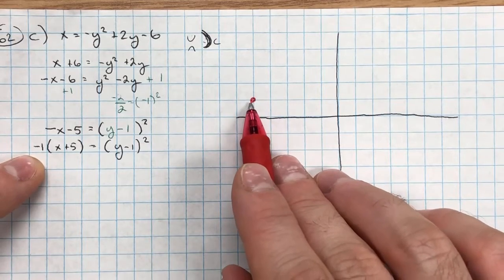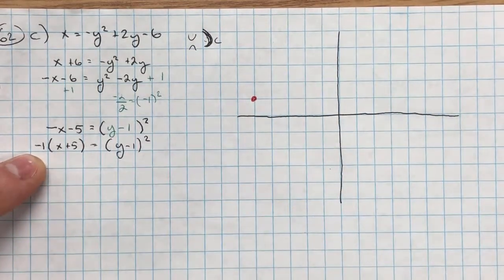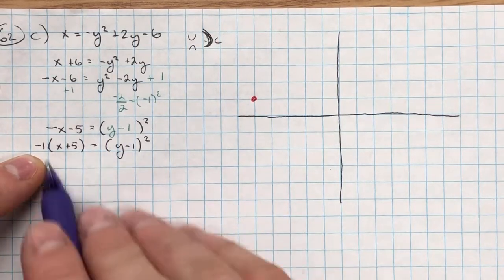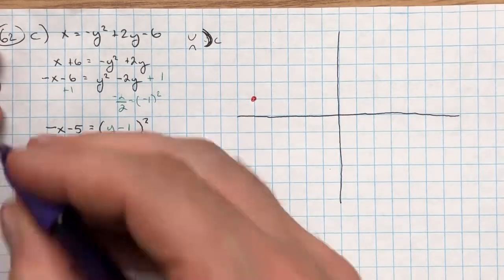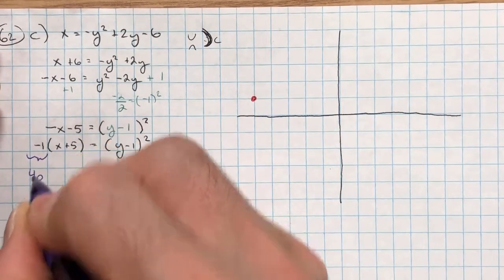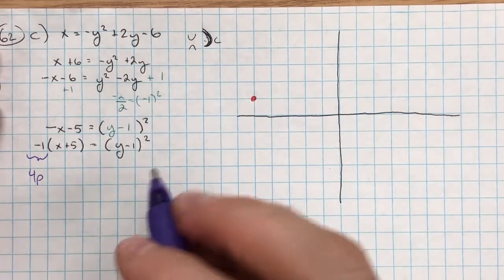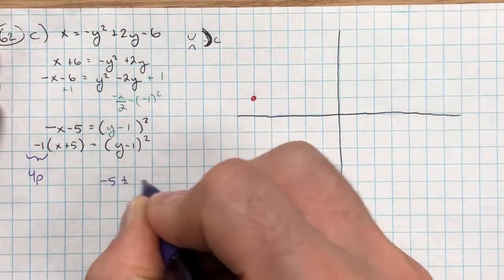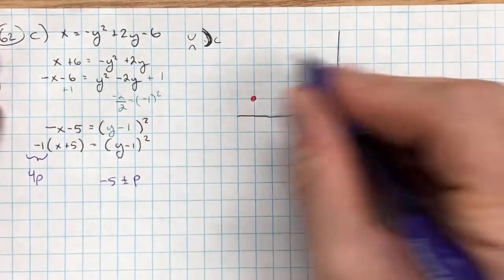What's going to happen next is I'm going to have to figure out where my focus is. And the focus that we get of a parabola that's in this form, this is 4p, and my focus is going to be this negative 5 plus or minus the p depending on which direction.